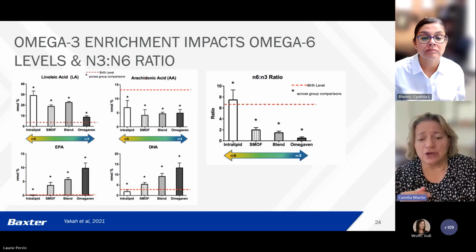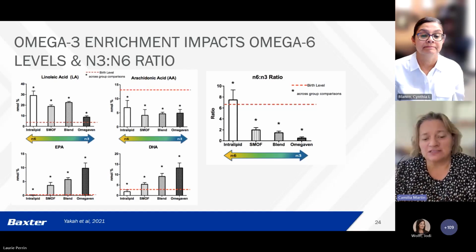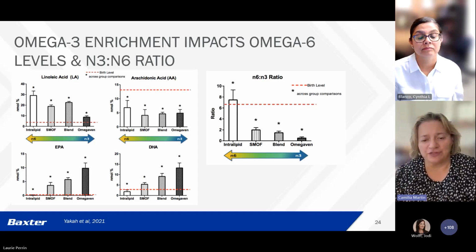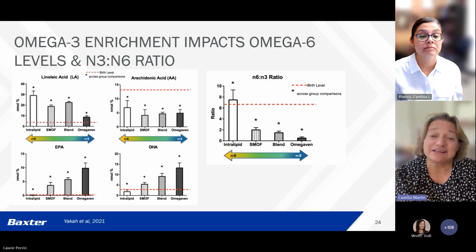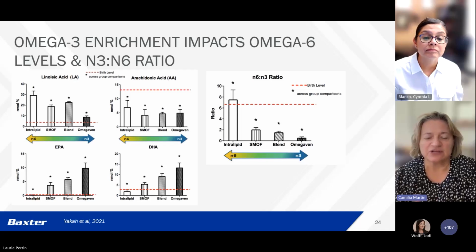Let's go to the bottom right for DHA. As you would expect, as you have more DHA content, you're seeing that increase as you move more to omega-3 containing lipid emulsions. Here, at least at the time, was my surprise: if you look at the upper panel, the arachidonic acid, even though you have slightly more content of that in the omega-3 containing lipid emulsions, you actually decline.